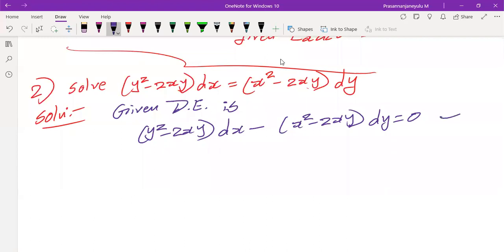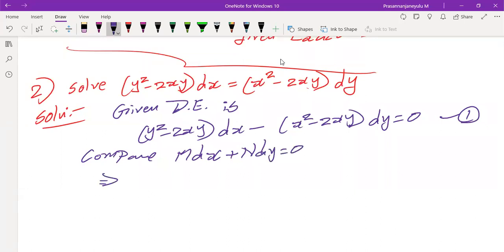Taking this as equation number 1. So what we have to do? Compare with the general form of exact differential equation, that I am not writing, but you have to remember it. Compare with M dx plus N dy equals to 0.